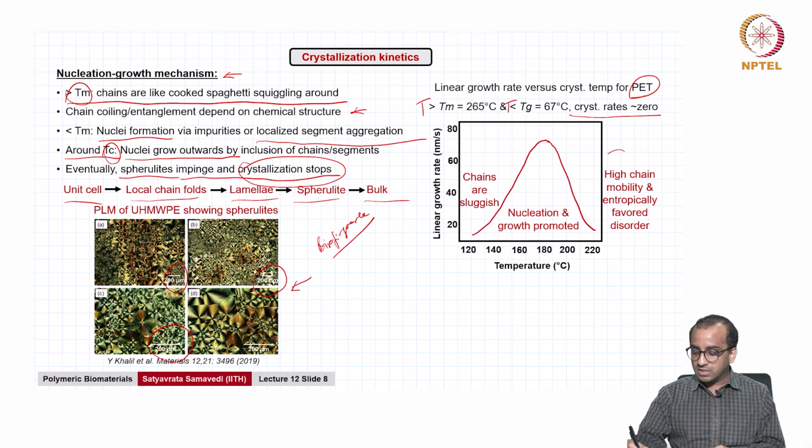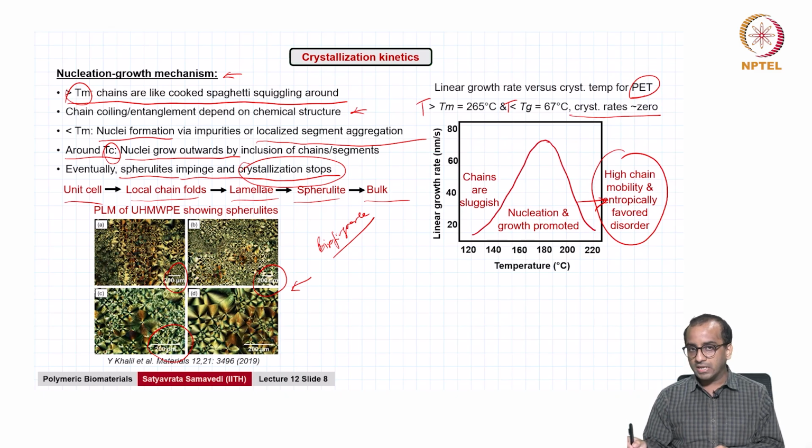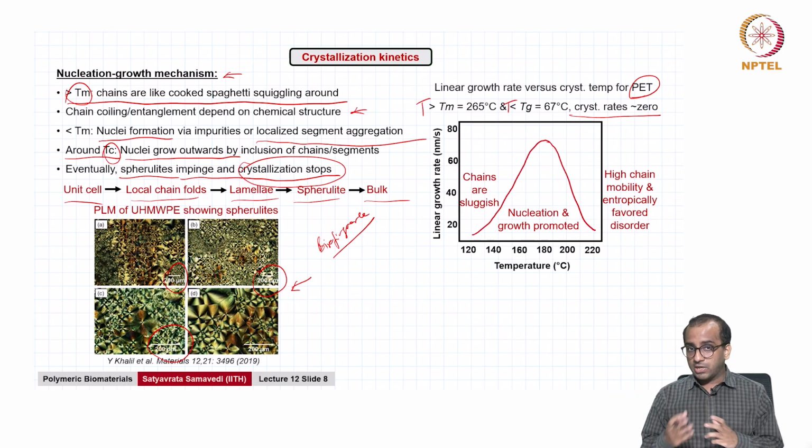So, in this region here where you are above 220 or close to 260, 265, you have very high chain mobility, and the entropy of the system ensures that the disorder is retained, which means that even if chains occasionally come close to each other, they are so flexible and dynamic that they are not going to be able to form the ordered phase, because the disordered phase is favored under those conditions.